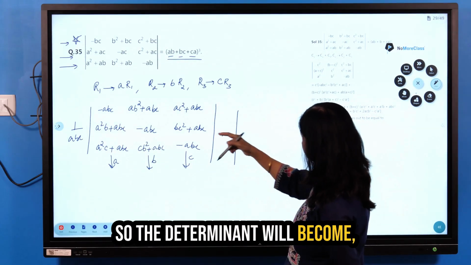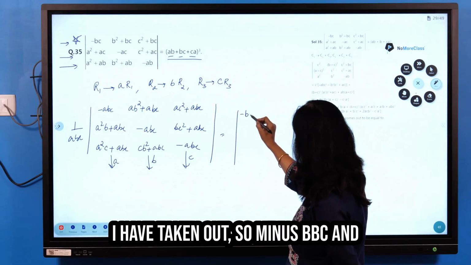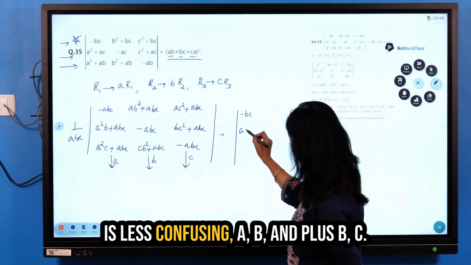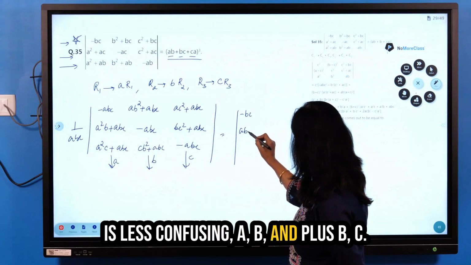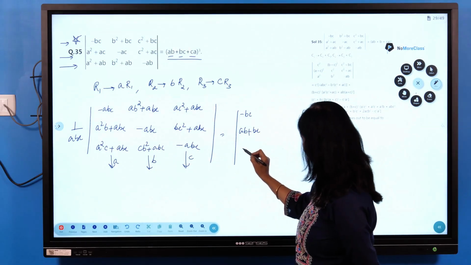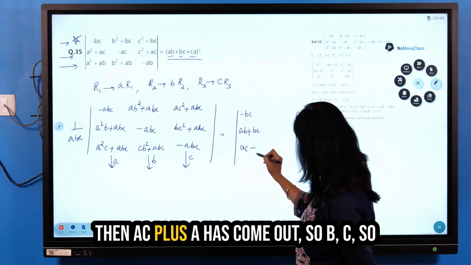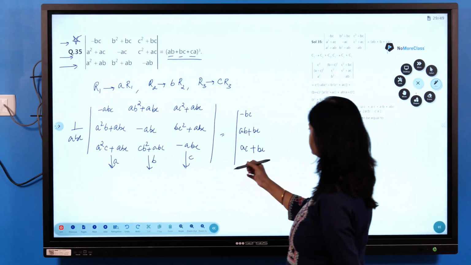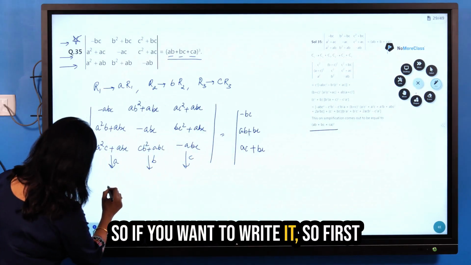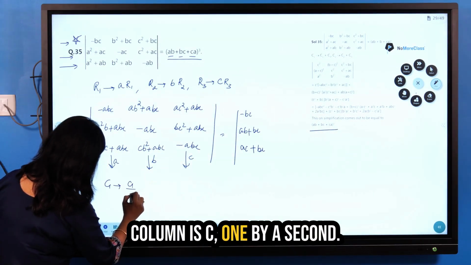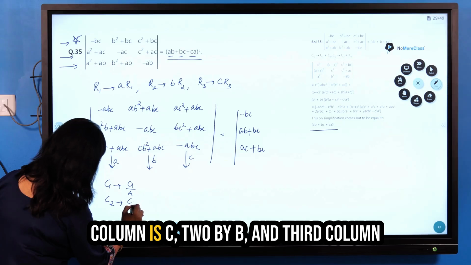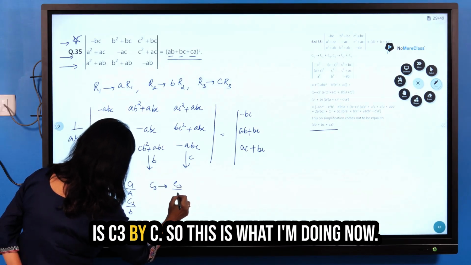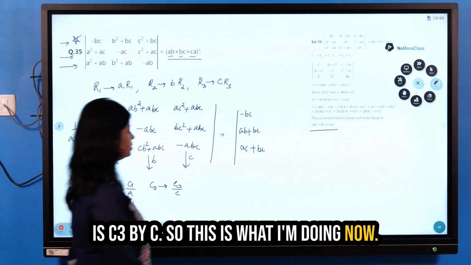I'll just do this so that it is less confusing: minus BC, AB and plus BC, then AC, plus BC. So I have factored out A from the first column. If we want to write it, the first column is C1 by A, the second column is C2 by B, and the third column is C3 by C. So this is what I am doing.